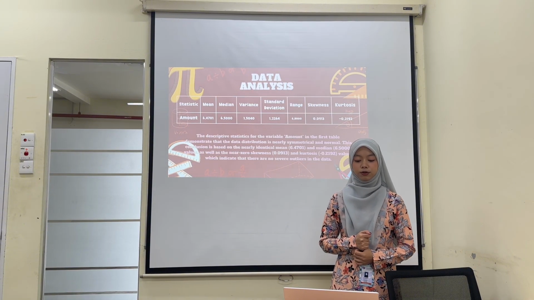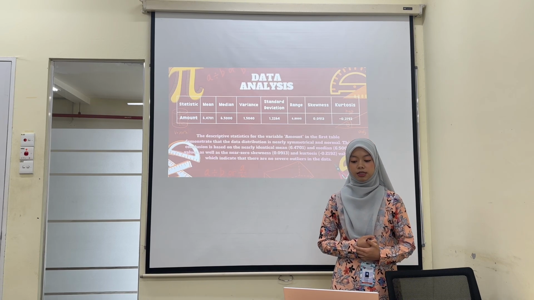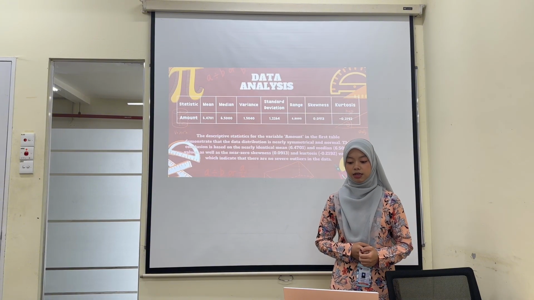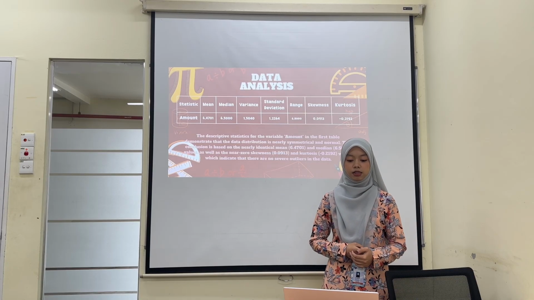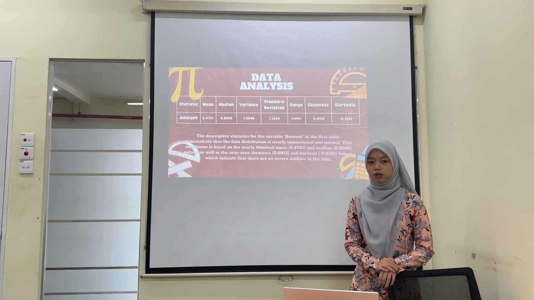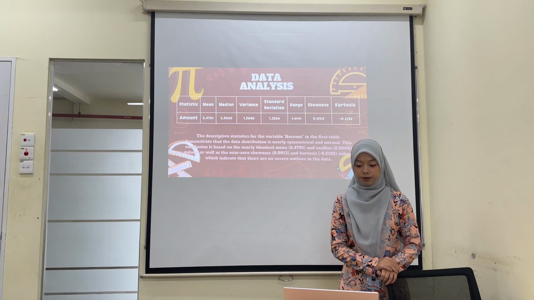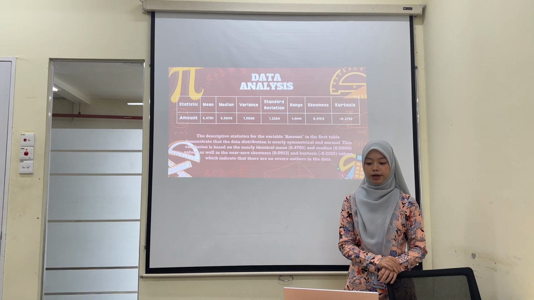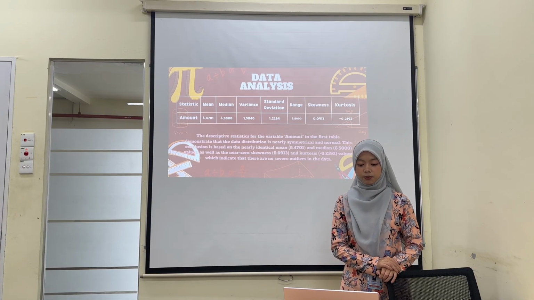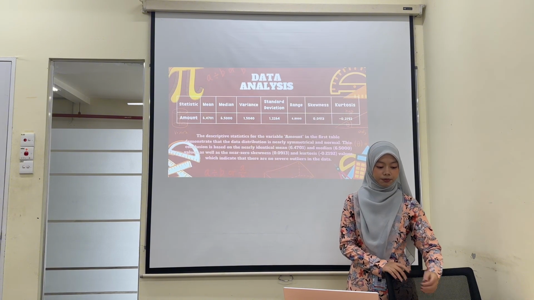This conclusion is based on the nearly identical mean, which is 6.4701, and median, 6.5000, as well as a near-zero skewness, which is 0.0913, and the kurtosis of negative 0.2192, which indicates that there are no severe outliers in the data.